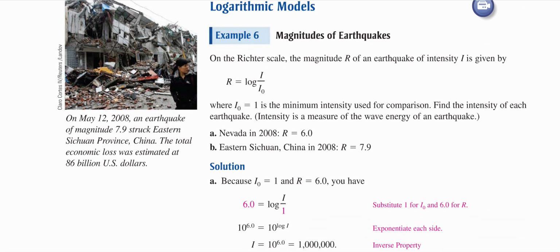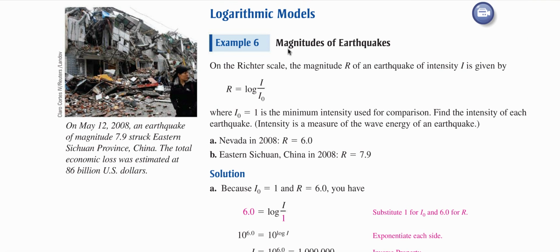Let's look at the logarithmic model. Magnitudes of earthquakes. On the Richter scale, the magnitude, capital R, of an earthquake of intensity I is given by the following: R equals common log of I over I naught, where I naught is equal to 1, is the minimum intensity used for comparison.